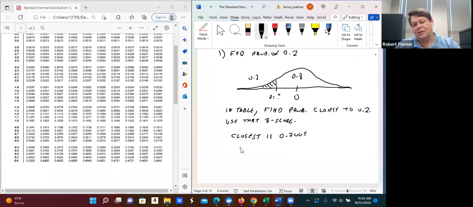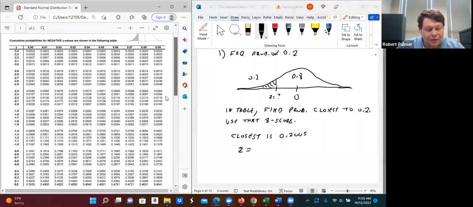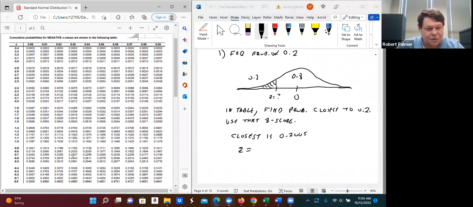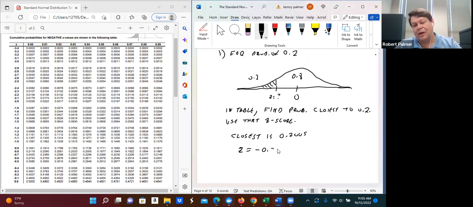And the z for that value, let's take a look. For 0.2005, the z-score is -0.8 in the row, and then 0.04 in the column, so the z is -0.84. From that, we can go backwards: given a probability, we can find the z-score that goes with it.